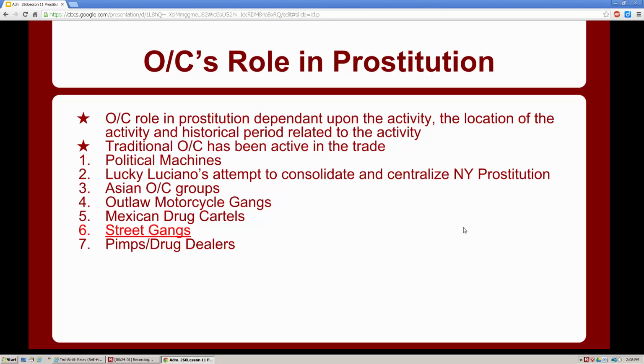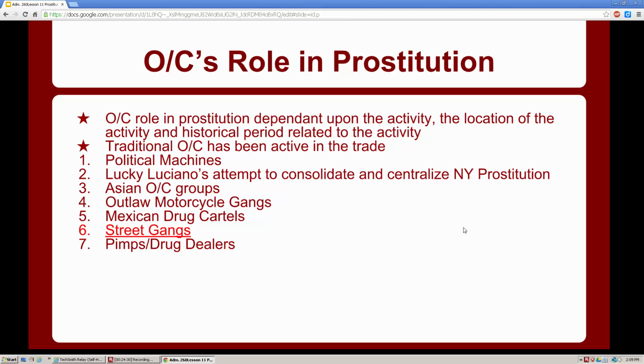When we talk about prostitution and organized crime's role, it depends on the type of activity and the location of the activity, but historically, organized crime has been related to prostitution. It's been active in the trade. Political machines have used it in an attempt to buy votes or to extort political people.